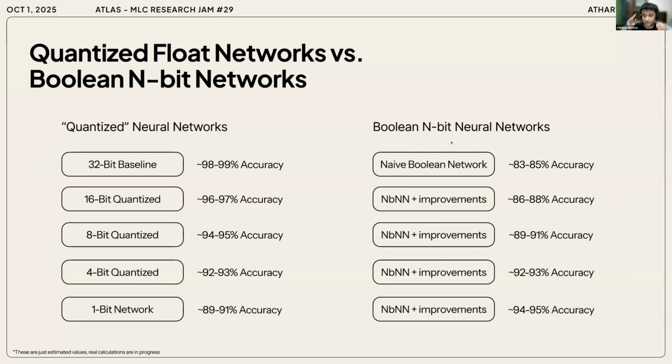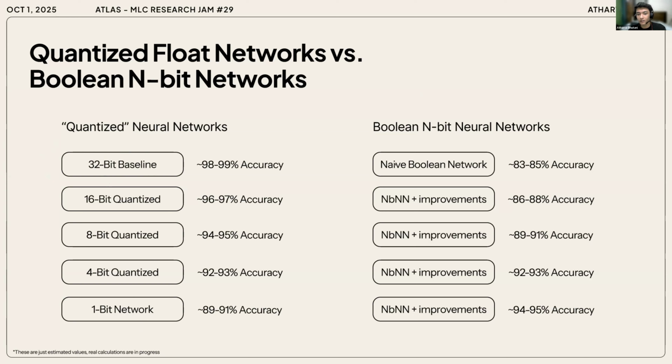But there are two reasons why this is not a good comparison. One reason is the 1-bit quantized network was already trained based off of an intelligent 32-bit baseline, right? We already spent a lot of computational power and energy into training this 32-bit baseline. Then we quantized it, so it already knows a lot of things, but it obviously has lost precision.